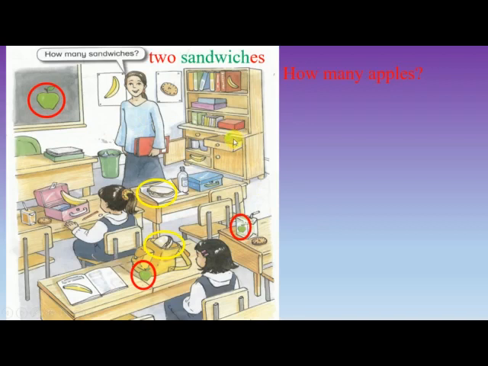And in the drawer you have 1. So how many apples? 1, 2, 3, and 4. Very good. So we write 4 and we put S for apple. So how many apples do you have? 4 apples. Very good.